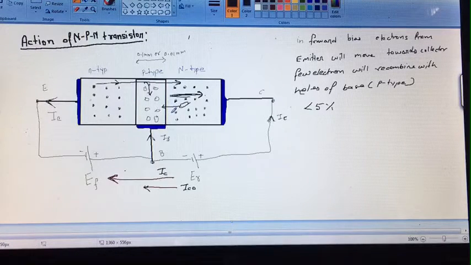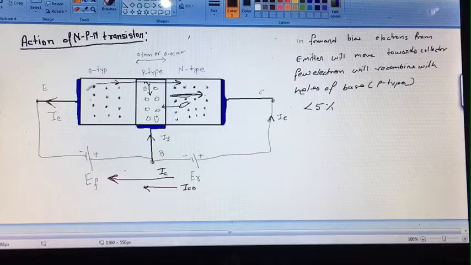In the collector region, we see that two types of charge carriers participate in the flow of current. One is the majority charge carrier, the electron, moving in this direction, and the holes moving in this direction. So here is the current due to majority charge carriers, IC, and this is ICO.